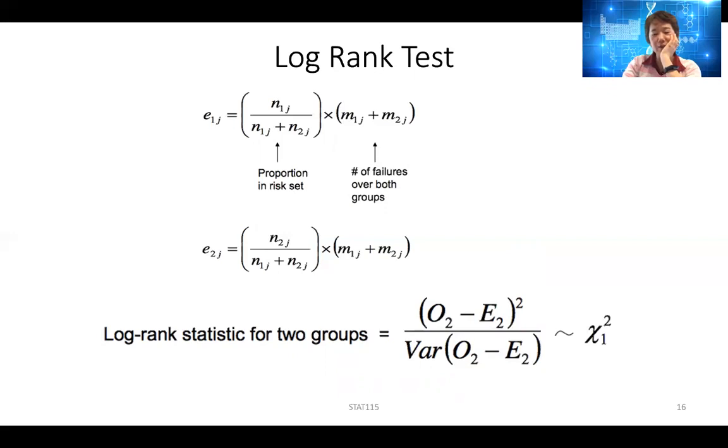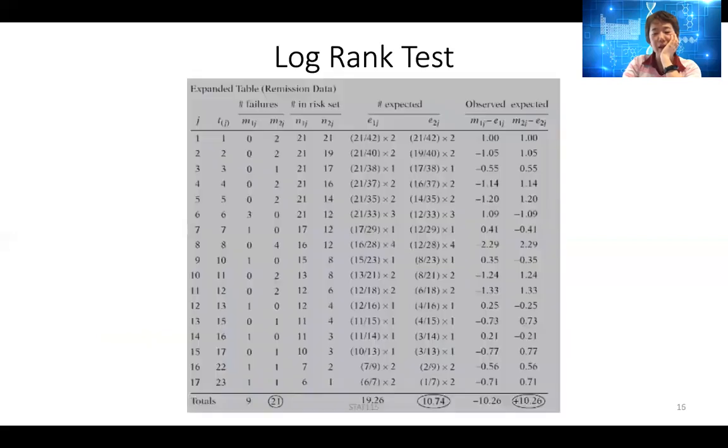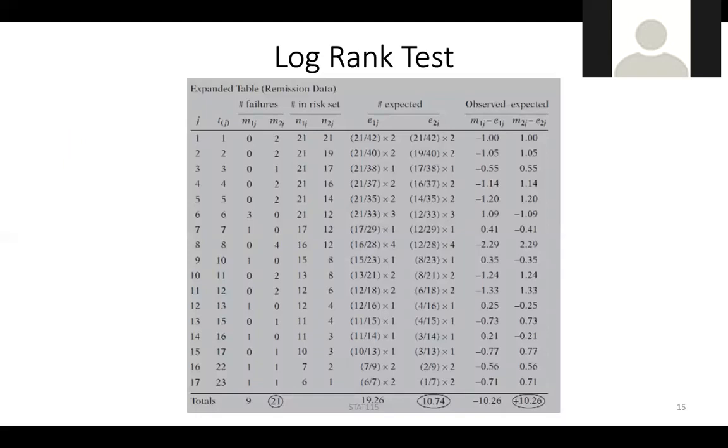You have many observed, and you have many expected, because every row is a value. I'm just kind of lost on, for example, using this example, what kind of number are we plugging into the formula?